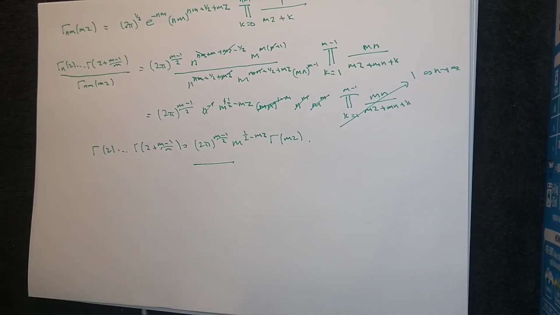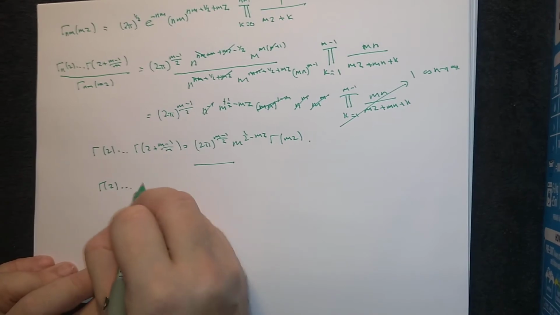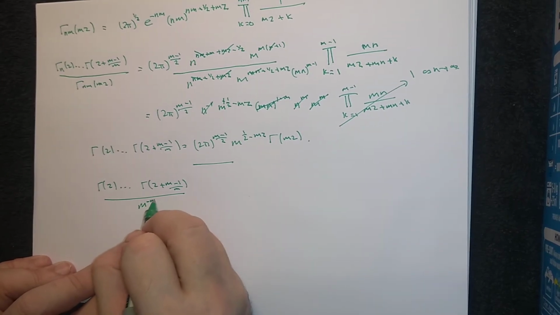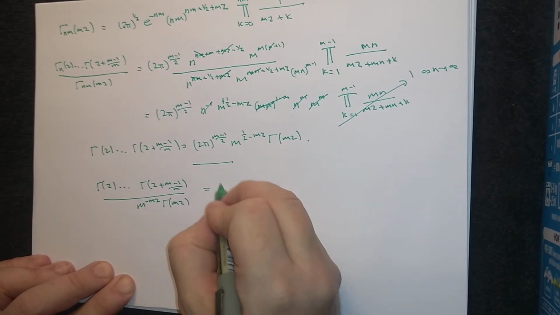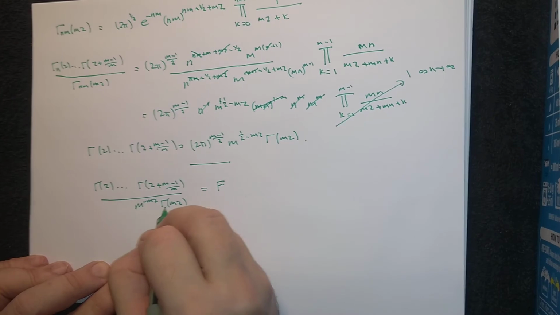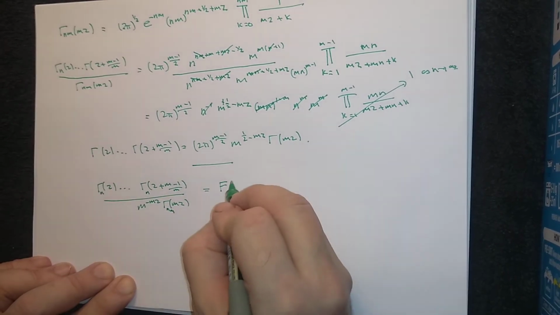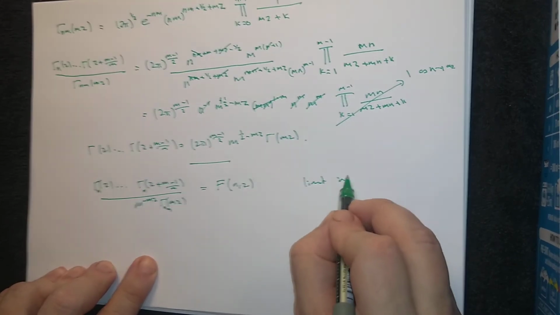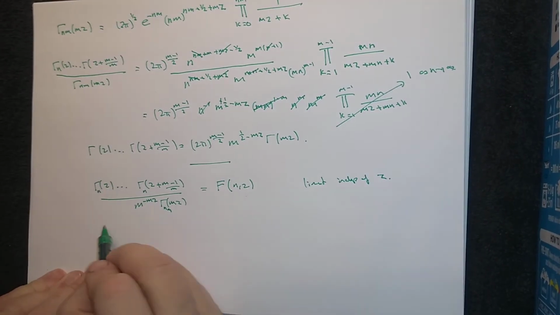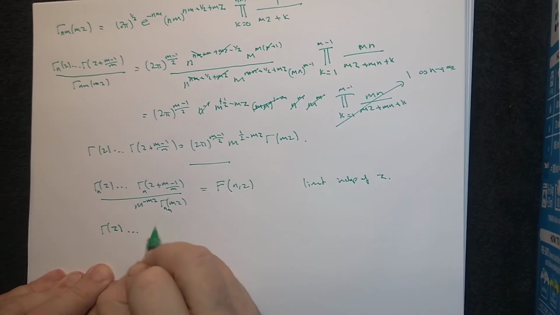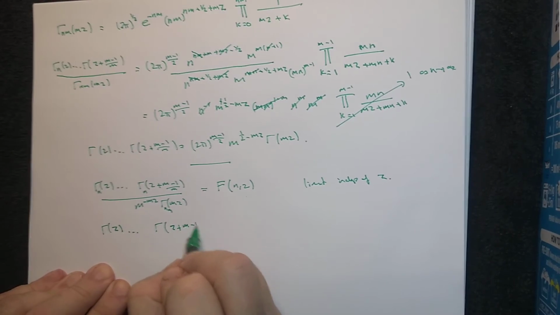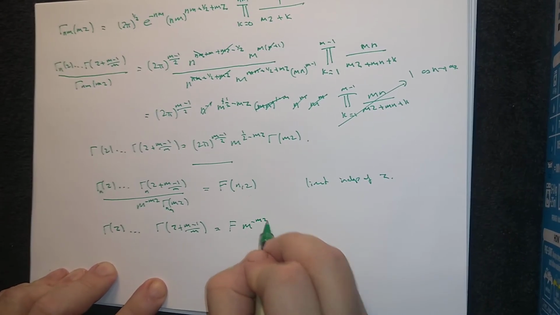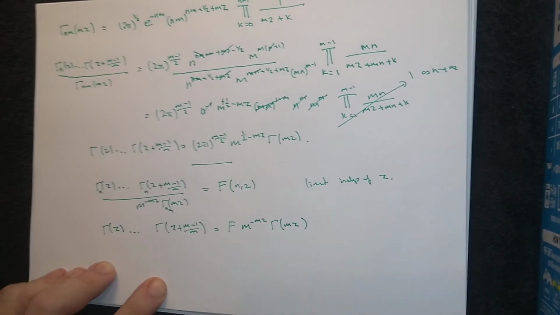Now, had we just known that this quantity here, divided by m to the minus mz gamma mz, if we knew that that thing, let's put subscript m on, was a function of n and z which has a limit independent of z, then we would know that gamma z plus m minus 1 over m would be equal to f m minus mz gamma of mz.